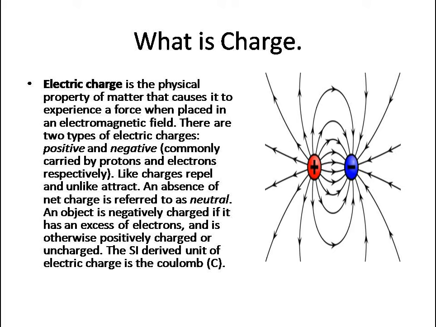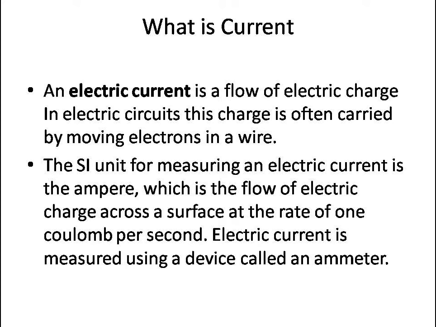Now we are able to understand how current moves and what current is. An electric current is a flow of electric charge in an electric circuit. Why this current flows, we will understand when we understand the potential difference or voltage.